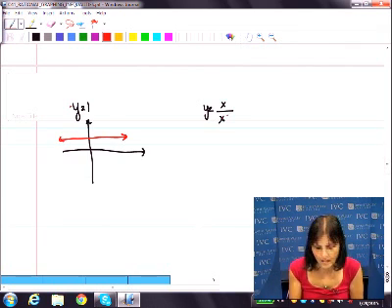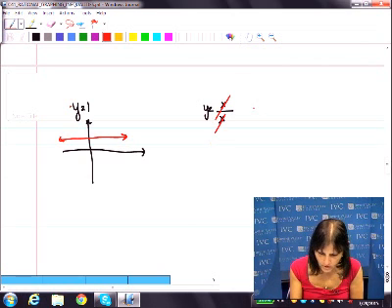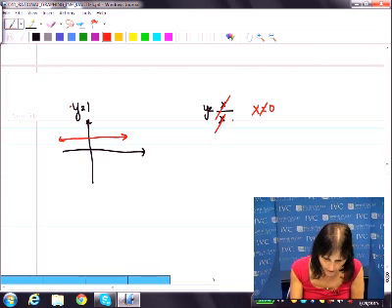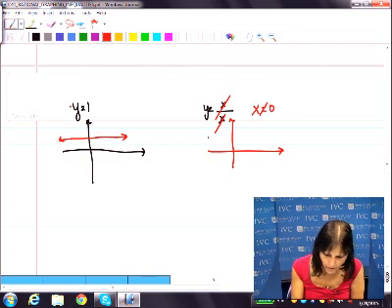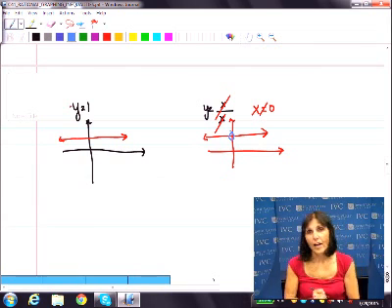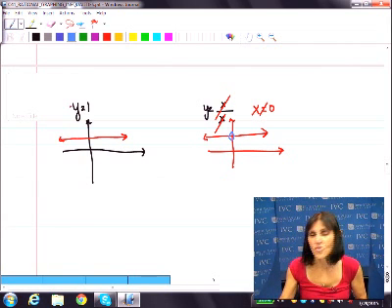Y equals x over x. You can do this. However, x cannot be 0. I know that. So this thing is going to behave just like 1. But what's going to happen at 0? You're going to have a big hole. Those are really good SAT questions.